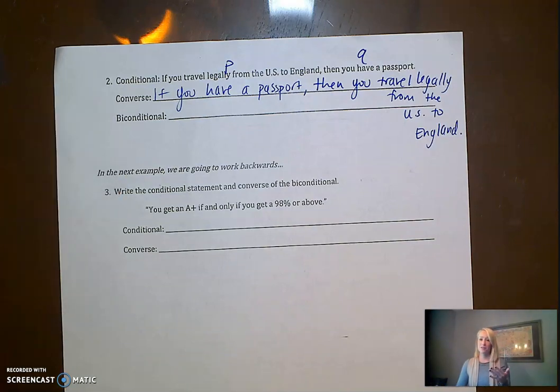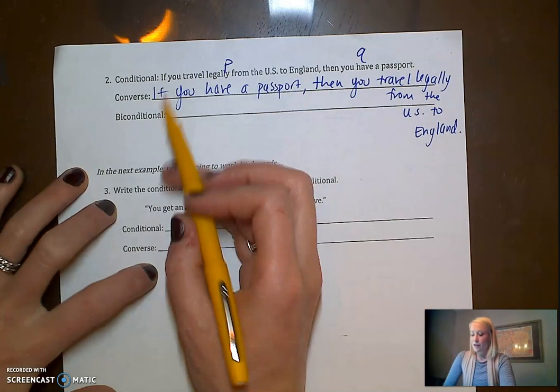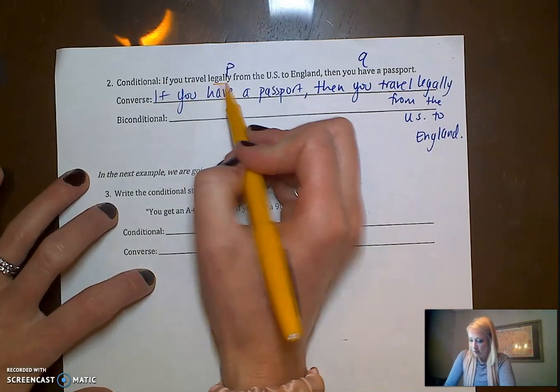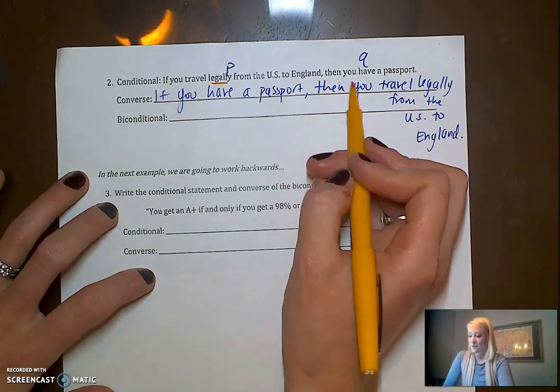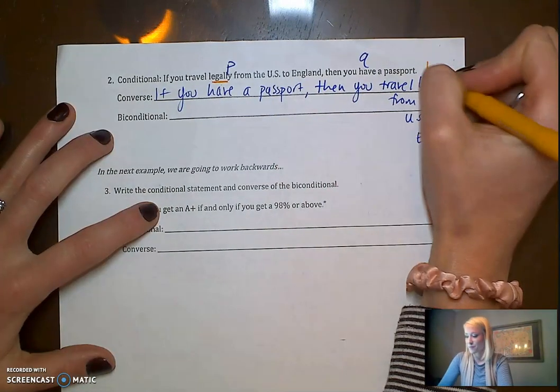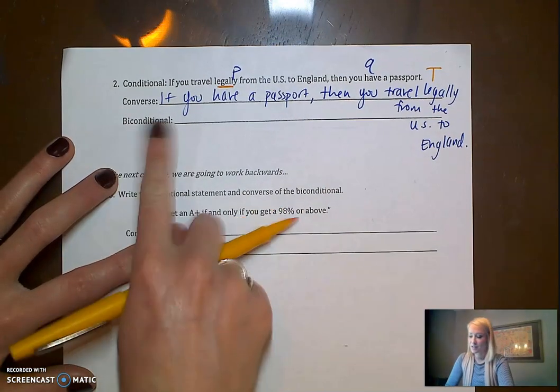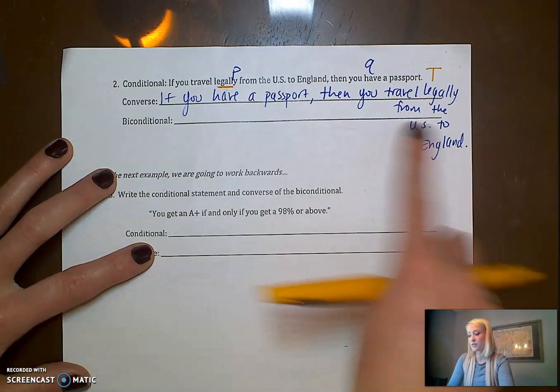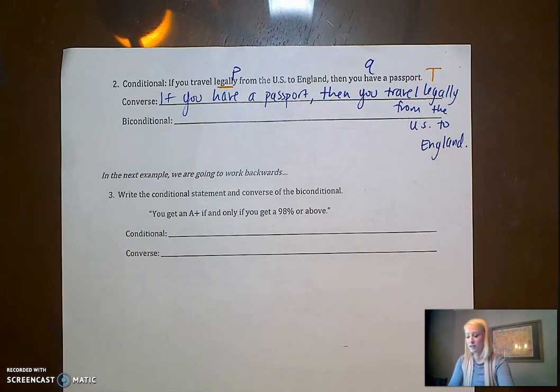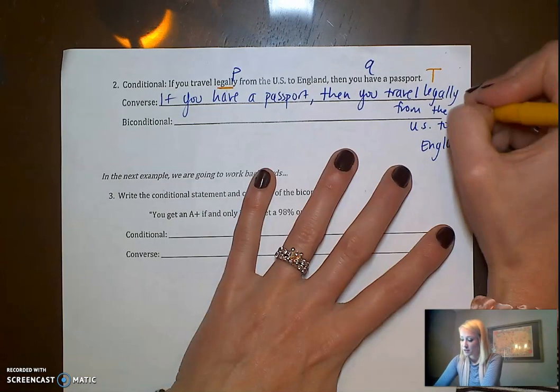Now, let's analyze if these are true, because if something is not true, I cannot write it as a biconditional. Conditional statement: if you travel legally from the U.S. to England, you have a passport. Yes. To travel from country to country, you have to have a passport. What about the converse? If you have a passport, then you travel legally from the U.S. to England. That is not true.